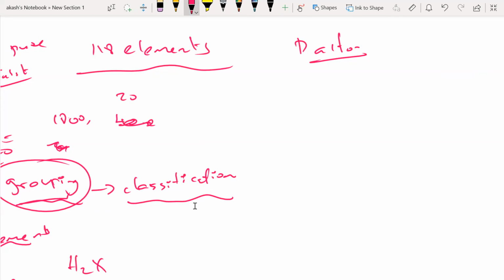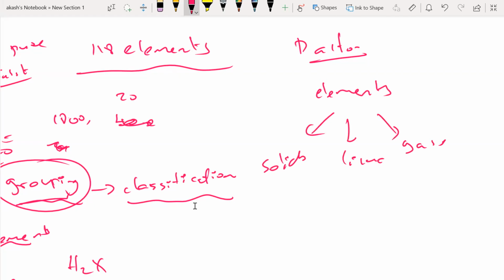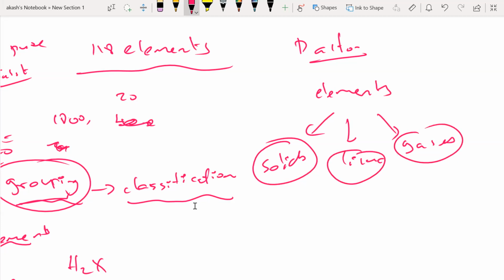He classified elements based on whether they are solids, liquids, or gases. Whatever is in the solid grouping will all be in the solid state, and likewise for liquids and gases. So classification is dividing elements based on their similar properties.